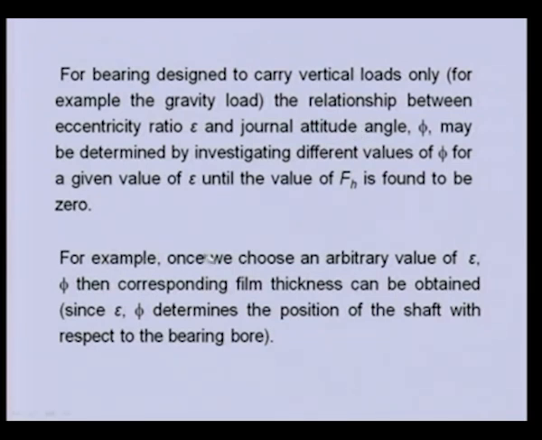For example, once we choose an arbitrary value of epsilon and phi, then the corresponding film thickness can be obtained, since epsilon and phi determine the position of the shaft with respect to the bearing bore.